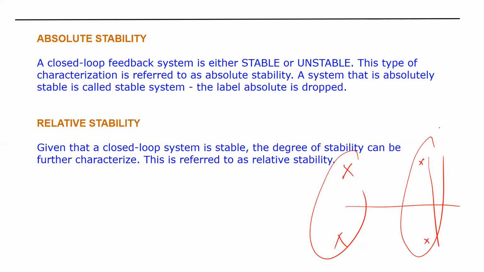The farther one is better, the farther away from the j omega axis. So the relative stability will take this concept. In Routh-Hurwitz, we will define the relative stability, but later on, we will have a better measure of the relative stability.